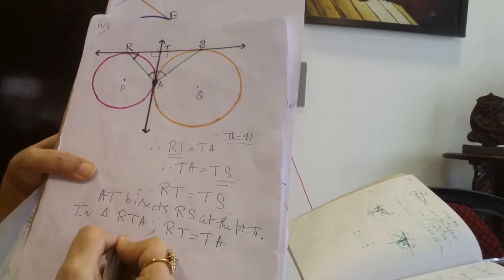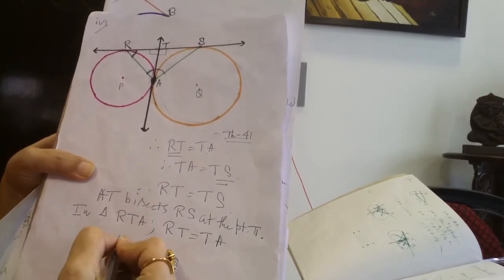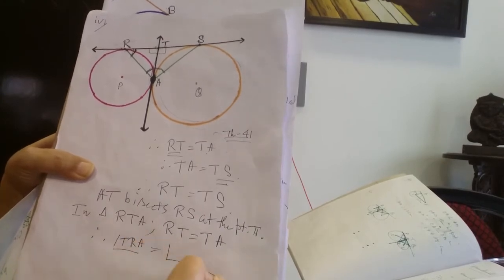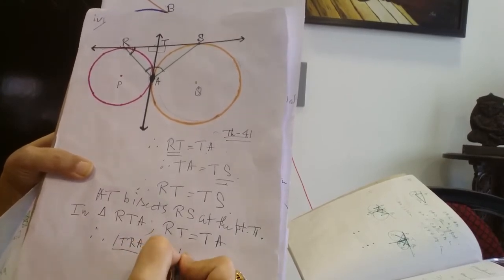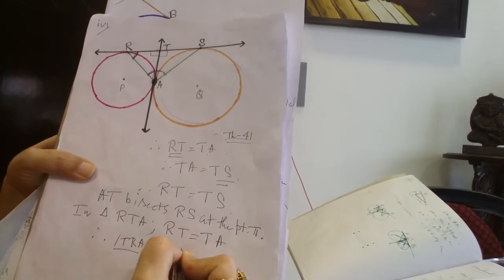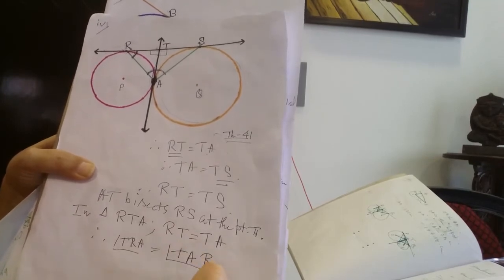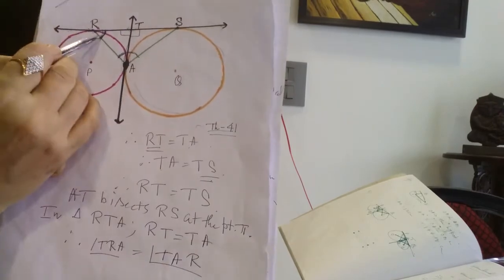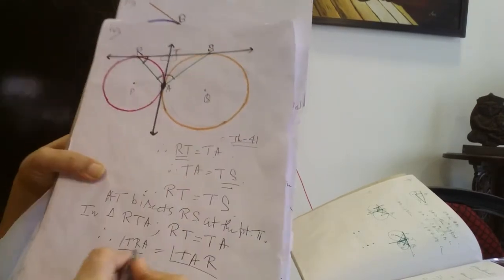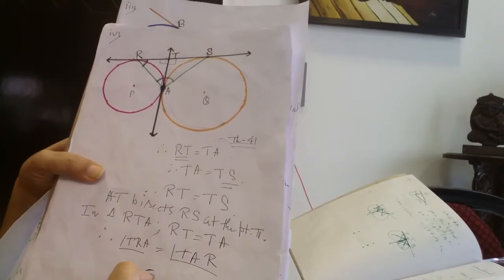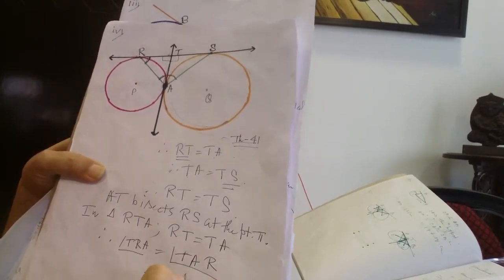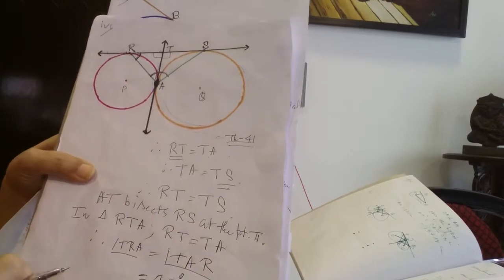Therefore we can write angle TRA equals angle TAR. They are base angles, and this is 90 degrees, and these two angles are equal. So automatically each angle is equal to 45 degrees. It is clear, I think so.